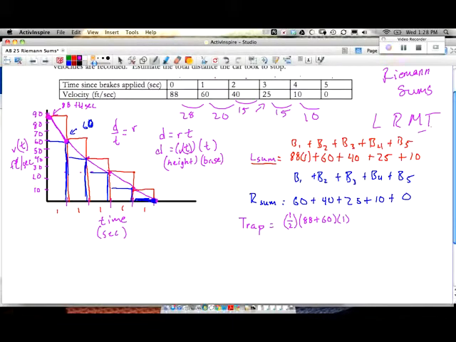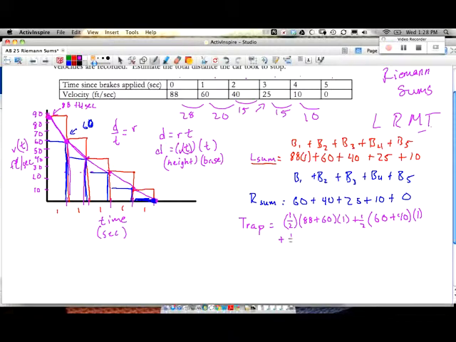So now we're looking at trapezoids. The next one would be 1/2 times 60 plus, what's the next height to find this next trapezoid? That's going to be 60 plus 40. And then times the height, which in this case is 1 again.